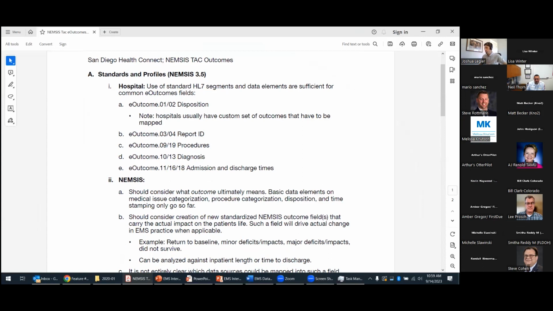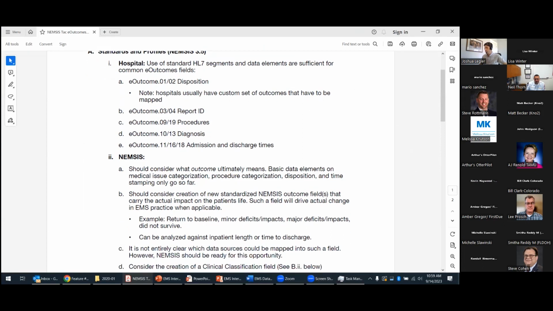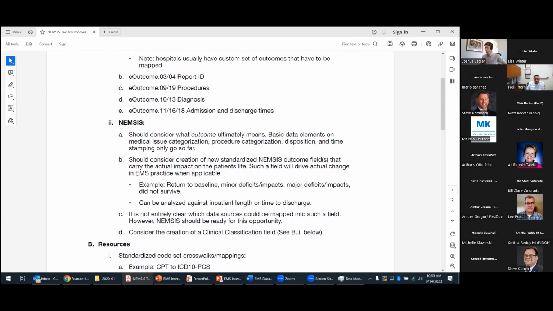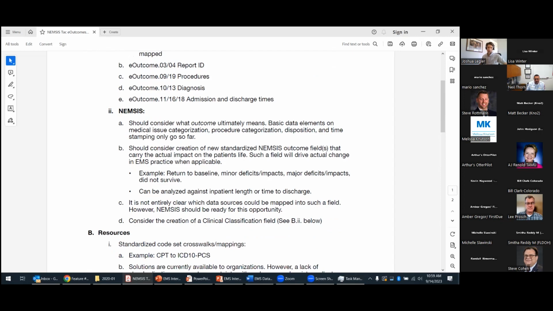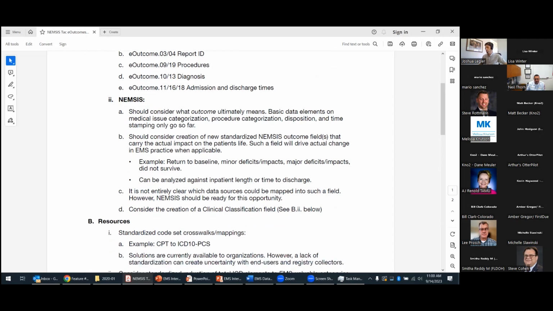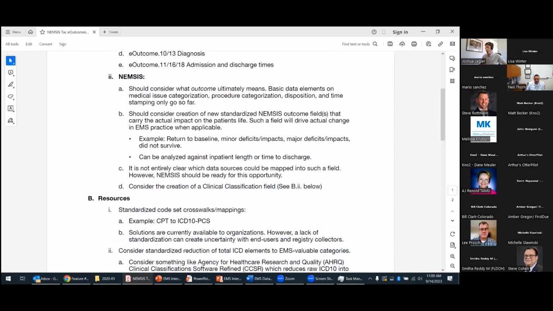He had a few considerations here, which I think some of these we're going to come back to when we get to the topics where we decide exactly what data is clinically or operationally important from within these messages or standards that are being used. And so he had some notes on that.